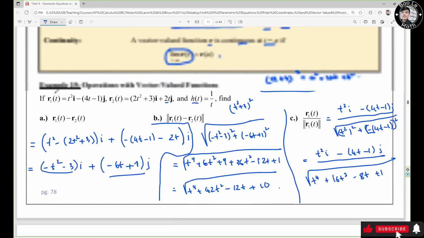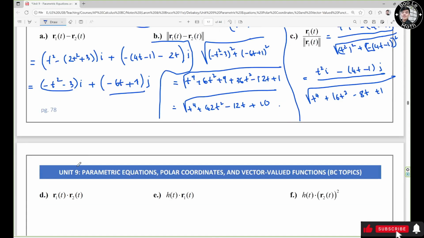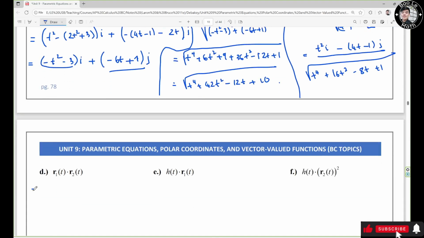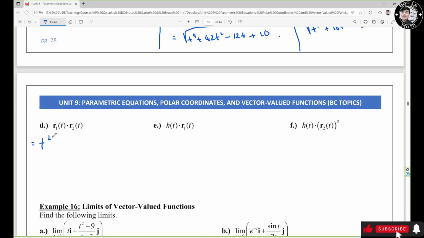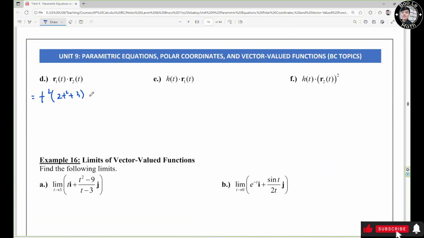Alright, so vector R1 is right here, R2 is right here. So when you multiply them, you just multiply I components and then j components, right? So this turns out to be t squared times 2t squared plus 3, right? And negative 4t minus 1 times 2t.